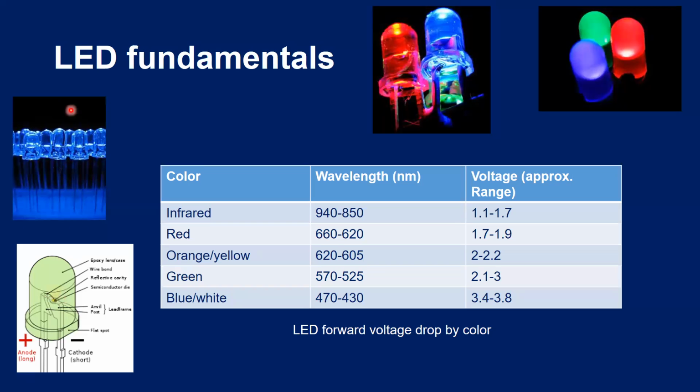So coming back to our topic, we see beautiful colors of light emitting diodes when we make them conduct, such as blue, red, and green. And there is also infrared, which is not visible to the eyes. So what we see from this table is the different colors, including infrared.